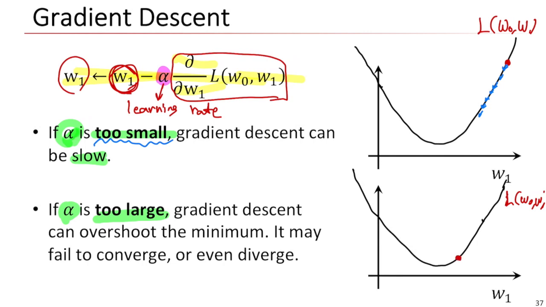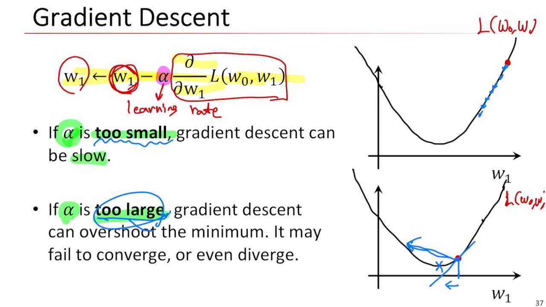If the learning rate is too large, we want to find the global solution that looks like this, but the next step will look like this. Why? Because the tangent line is here, so we should move this point in this direction, but we multiply by the large value, so the next point looks like this.